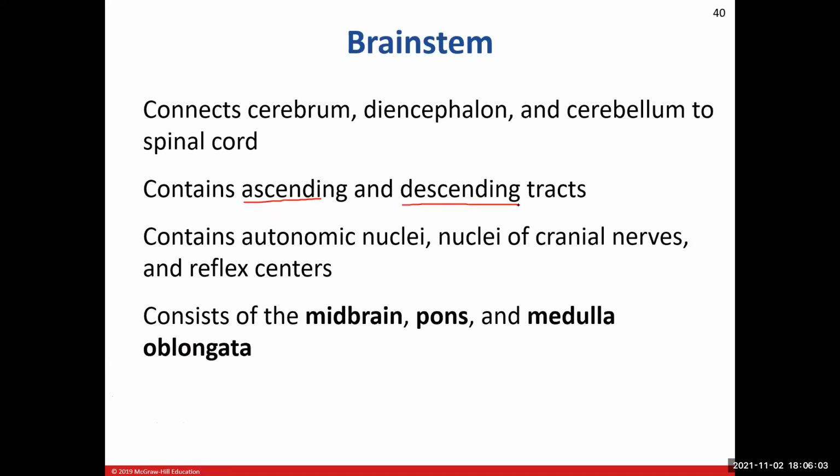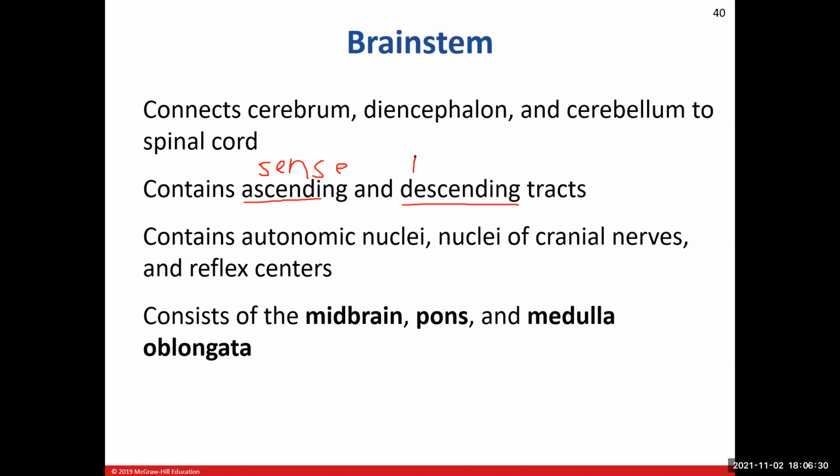It's just another way of saying sensory and motor tracks. Because remember, sensory information brings sensory input from the periphery, from the outside, and even from the internal structures in your body up to the central nervous system, up to your brain. So therefore it's called ascending.